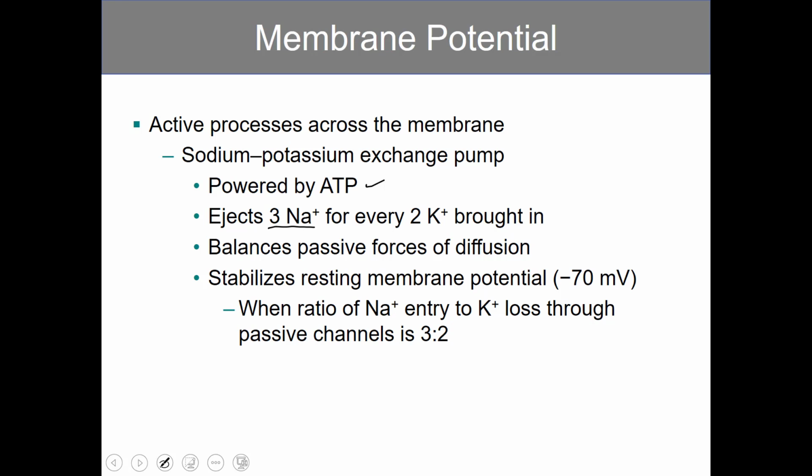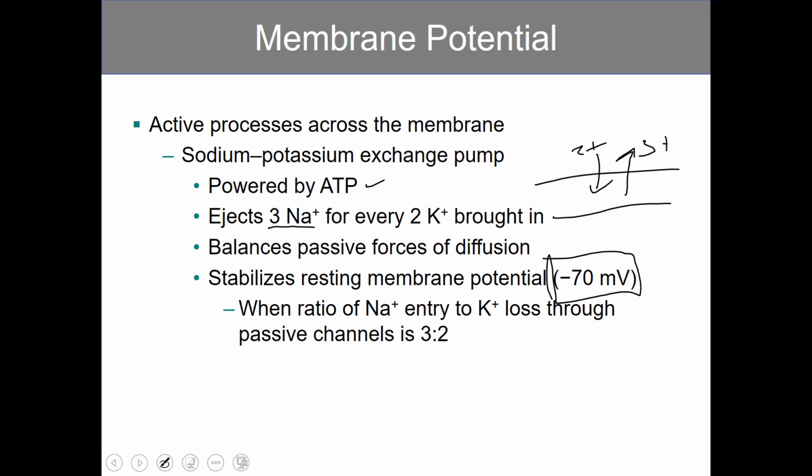So for instance, if you lose, here's your cell again, if you lose 3 positively charged ions and you're only replacing them with 2 positively charged ions, over 1,000,000 rounds of that, the inside is going to be relatively negative.